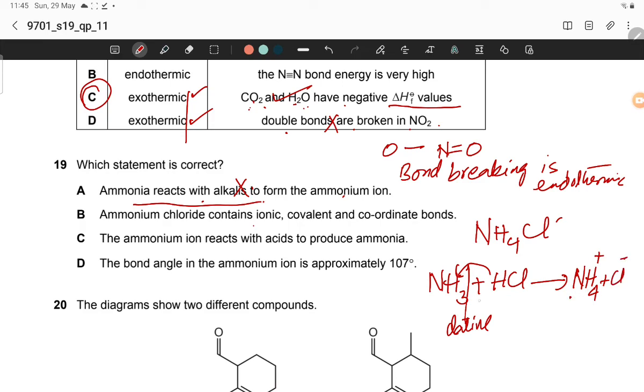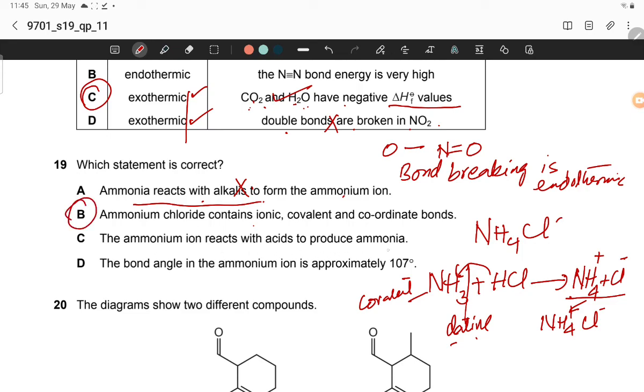So this is covalent, coordinate covalent, and the ammonium ion, positive, and chloride, negative, form ammonium chloride. So this must be correct.